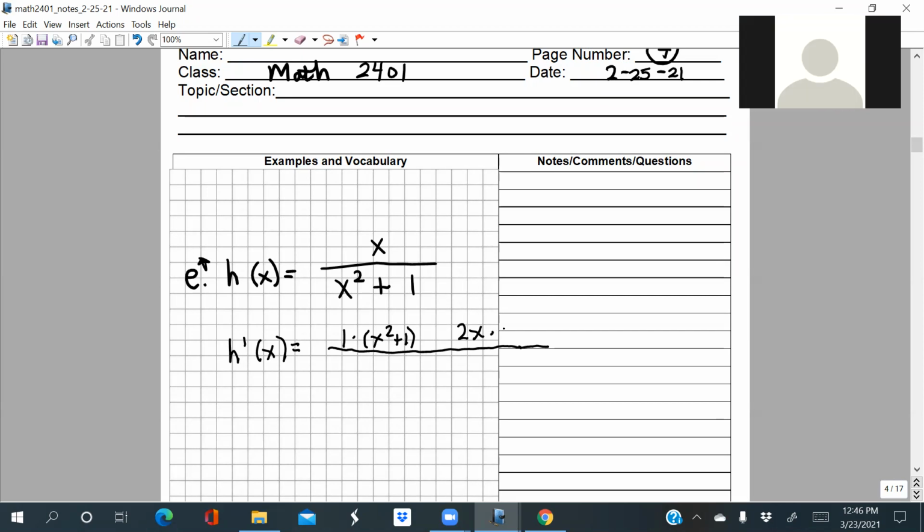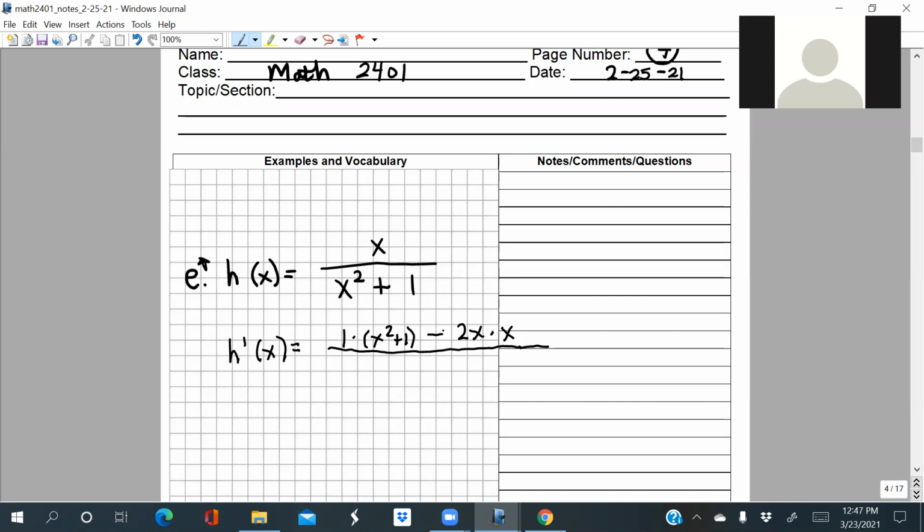Multiply 2x by x, right? Now, what do you do with these two things? They're added together. Not quite. There's a sign in the middle. What's the sign in the middle? Plus. It's minus. Oh, sorry.